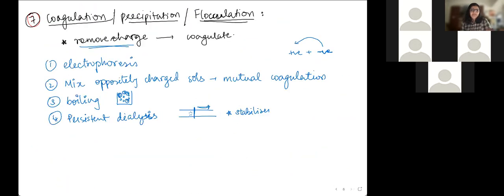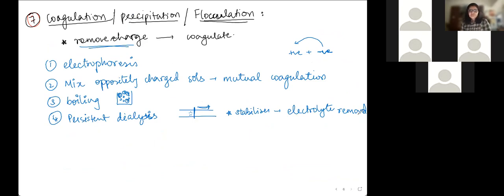So by doing persistent dialysis, if you end up removing the electrolyte, you're purifying the colloid excessively, to such an extent that you're removing the agent that causes the stability.